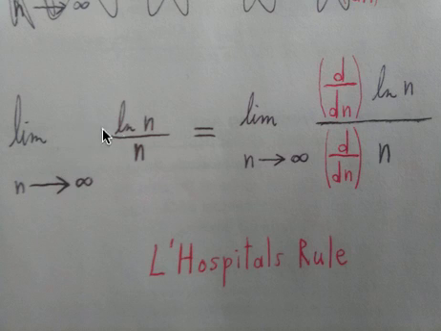So the limit of ln of n divided by n as n goes to infinity can be evaluated using L'Hopital's rule. Hope you remember that one too if you're watching this. We're going to take the derivative with respect to n of both the top and the bottom, and let's see what we get.